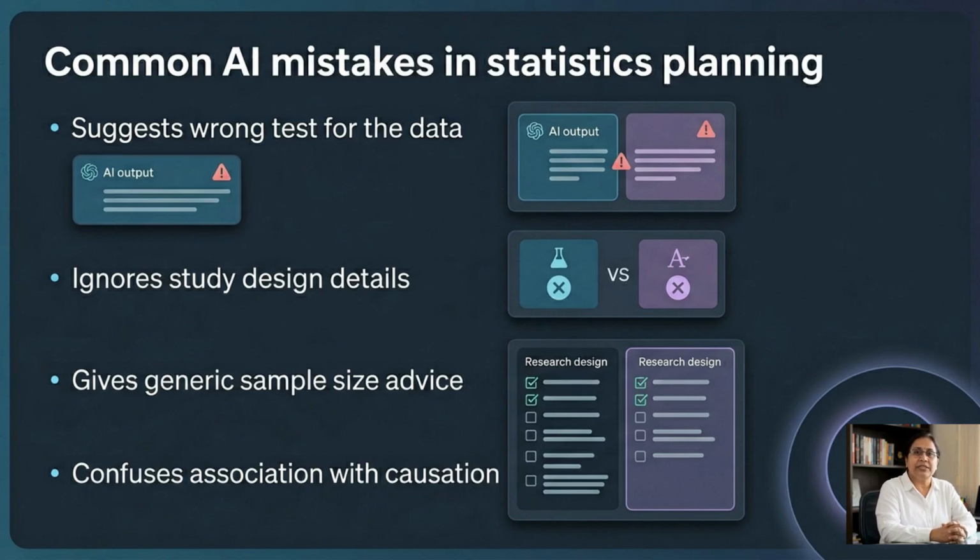Sometimes it ignores important design issues like paired data, repeated measures, or ordinal scales. And sometimes it uses strong language that confuses association with causation. These mistakes can sound polished, but they are still mistakes.